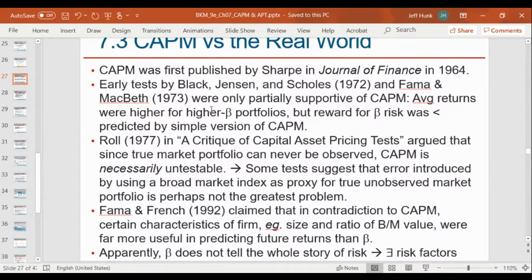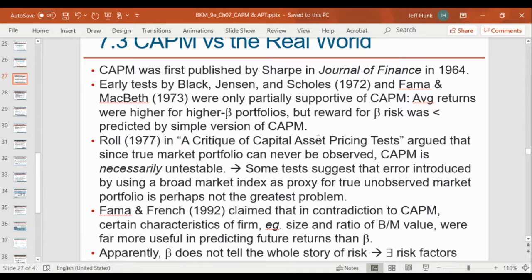Fama and MacBeth in 1973 were only partially supportive of CAPM. Average returns were higher for higher beta portfolios, but the reward for beta risk was less than predicted by a simple version of CAPM. To put it this way, let's say beta is 1.5, then what does that mean?